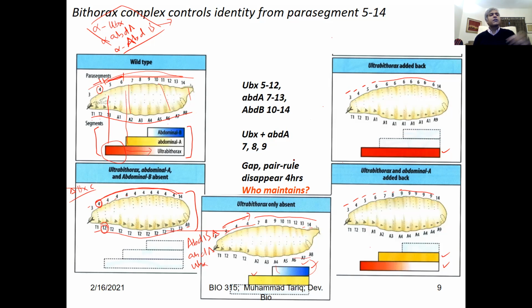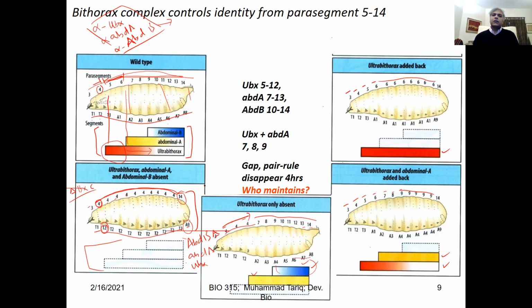We see 14 there even if we remove the whole bithorax complex. 14 is there, A9 is there. So it could be a different developmental gene which is maintaining the most posterior segment, because it is there even in the absence of ABDB. Did I answer your question? Yes, sir.